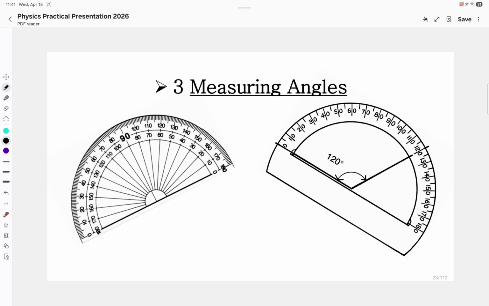Well, in this episode, we are going to learn how to measure angles and volumes for paper 3. Okay? Let's talk about angles first. And this is very important for all mechanical type activities.